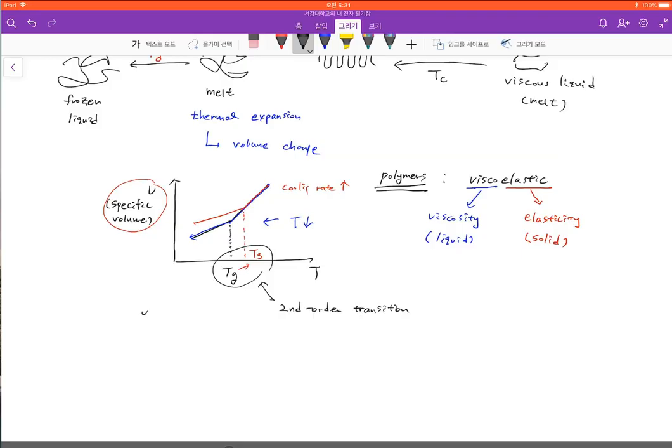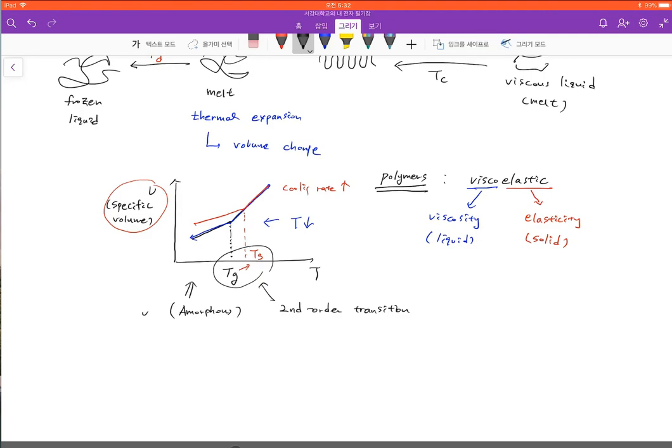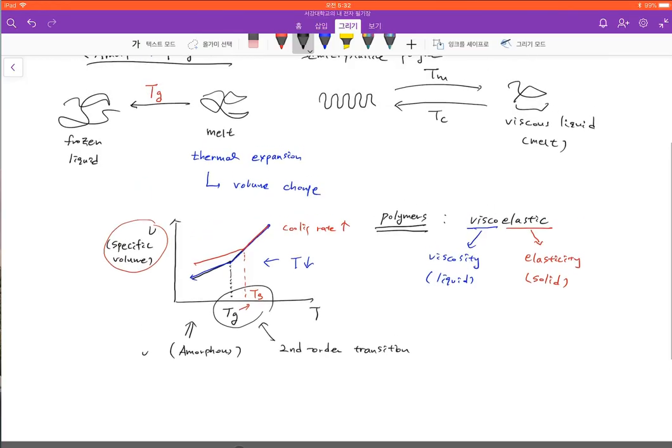Melting and evaporation were first order transitions. On the other hand, this glass transition is a second order transition. So, for amorphous polymer, the specific volume shows this kind of change at the boundary of the glass transition temperature.